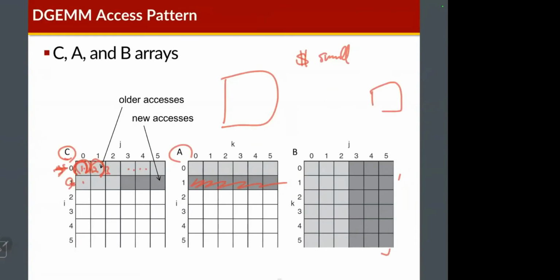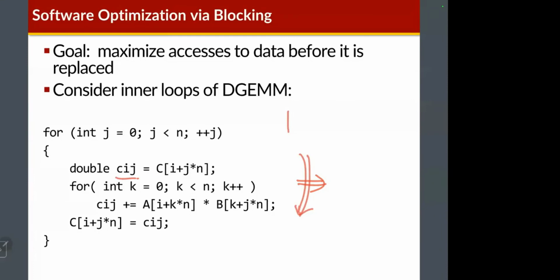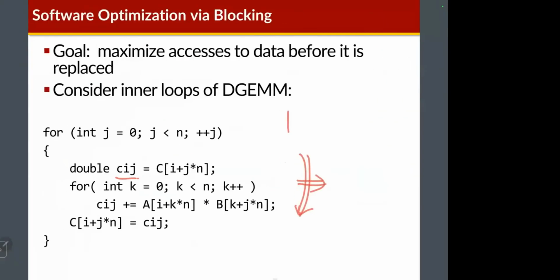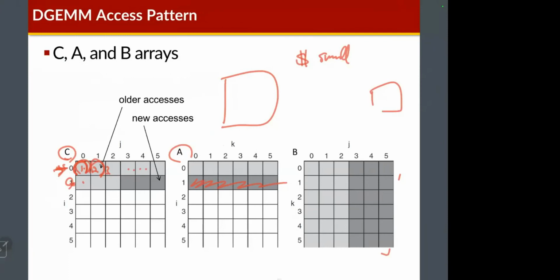Then how can we improve this matrix multiplication algorithm? What is the problem? The problem in this simple matrix multiplication algorithm is that there are very large matrices, and the elements in these large matrices cannot be entirely stored in the cache.